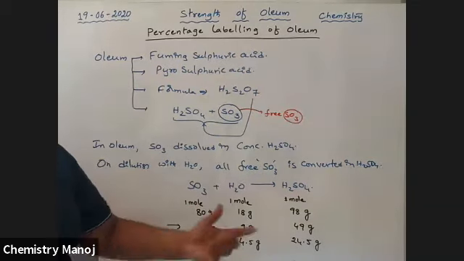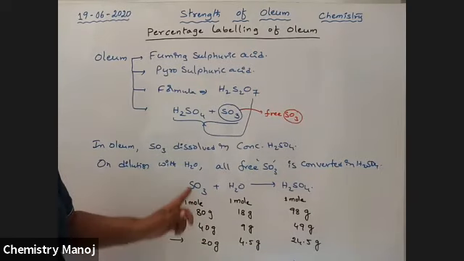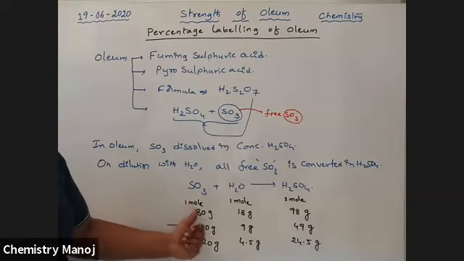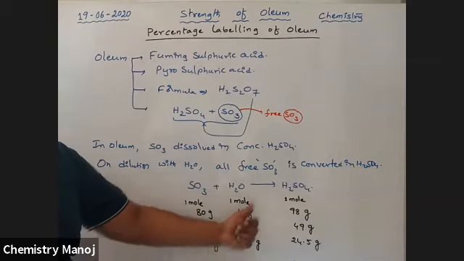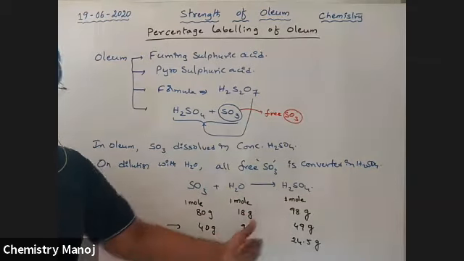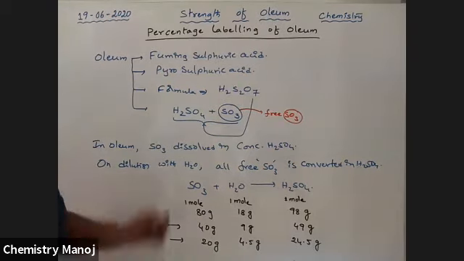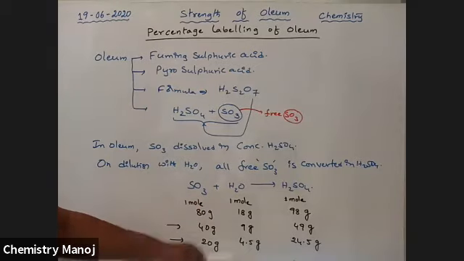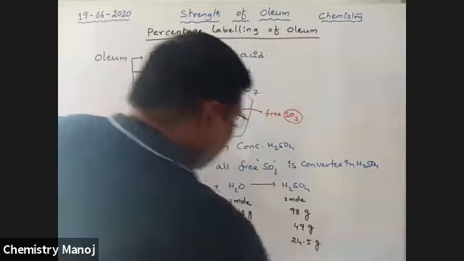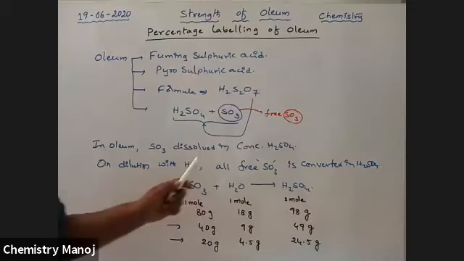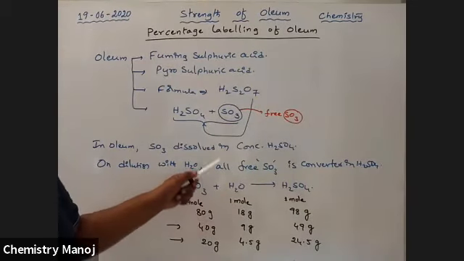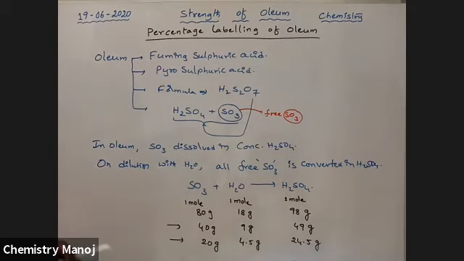Because it is 1 mole, 1 mole, 1 mole, and 1 mole means molecular weight, the ratio is fixed. Now by using these concepts, I am expressing the labeling of oleum. Is this clear?